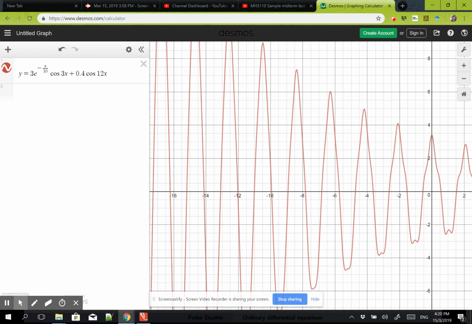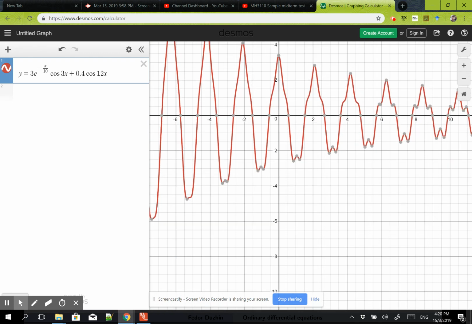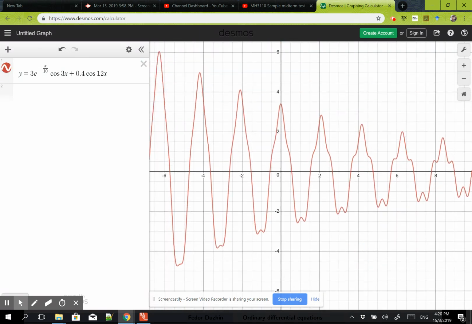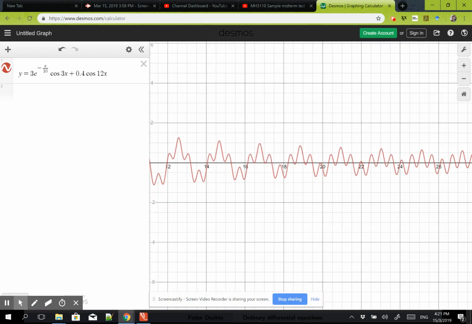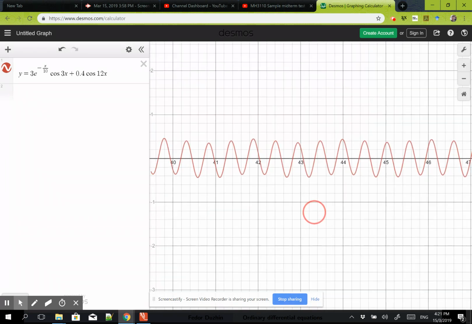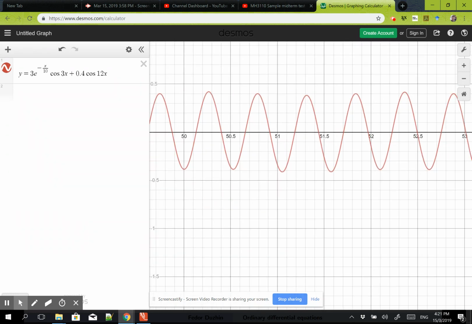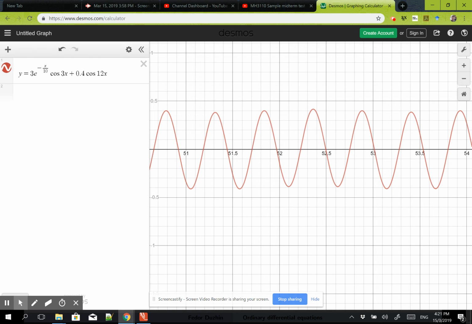Then initially the driving force is not sufficiently strong for us to see it. And then as time goes by, we see some sign of the driving force, but further and further, the internal oscillations disappear because they're killed by this damping, and now we only see the driving force. Okay, I hope this is clear.